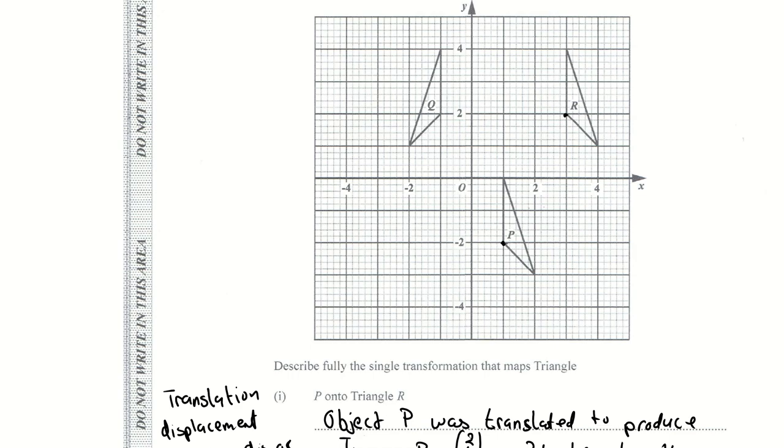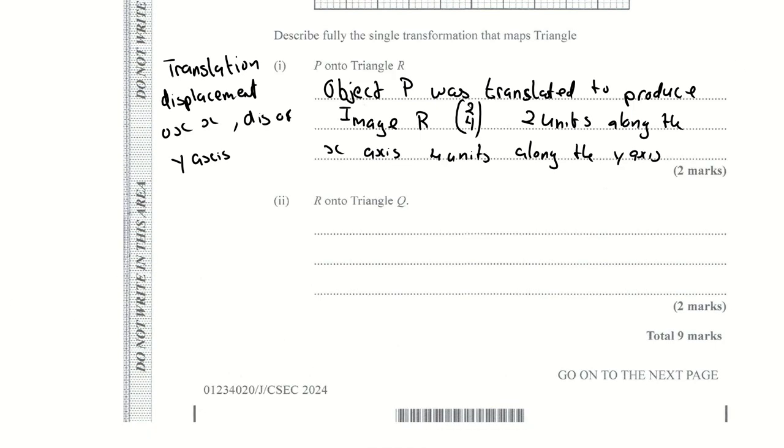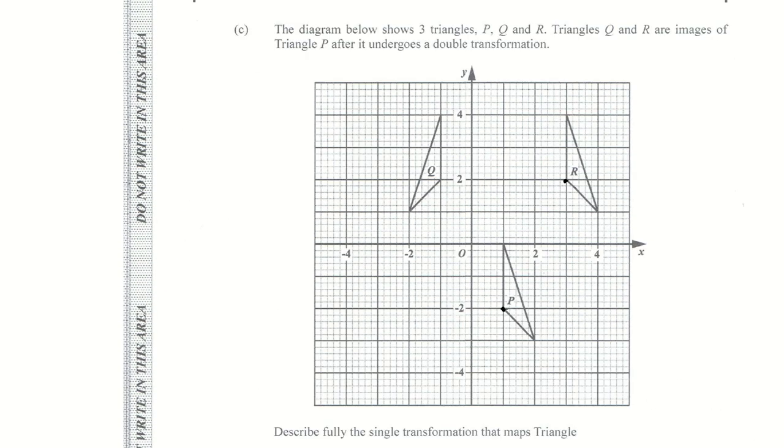Now, to describe a reflection, the first thing you need to know is the location of your mirror line. And to locate your mirror line, you take one point and count the distance from that point to its corresponding image. So 1, 2, 3, 4. So it's 4 units from R to Q, right?